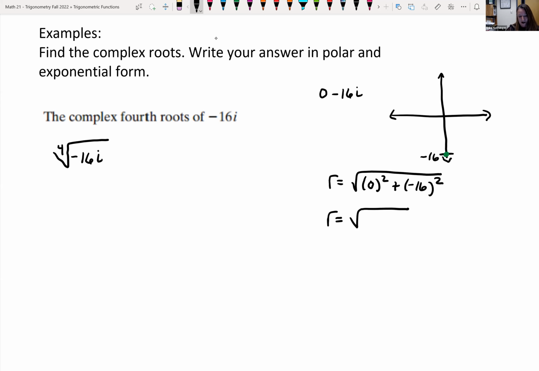Well, if I square -16, that's the same thing, so -1 times -1 is 16 quantity squared. And so r is equal to 16. If I look at my angle theta, theta here is 3 pi halves.